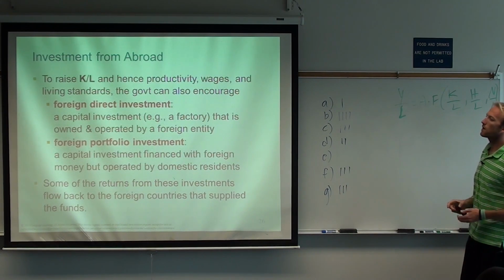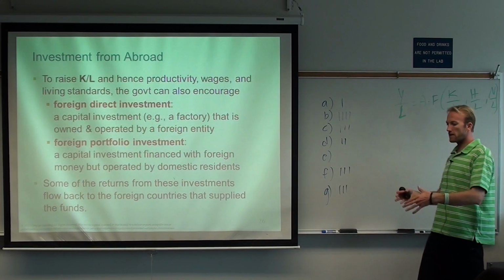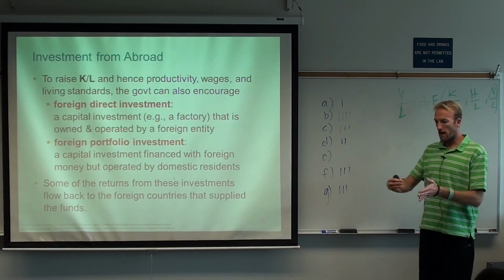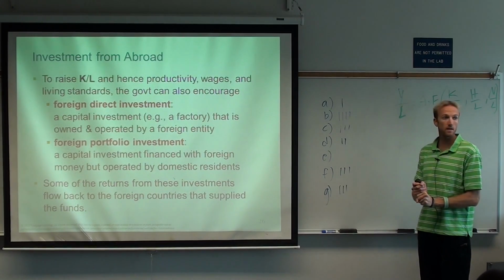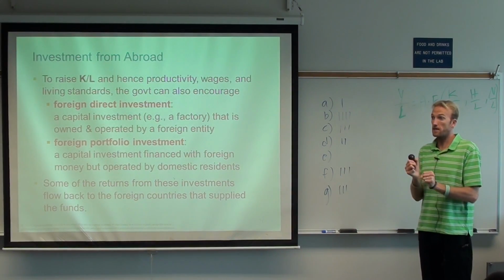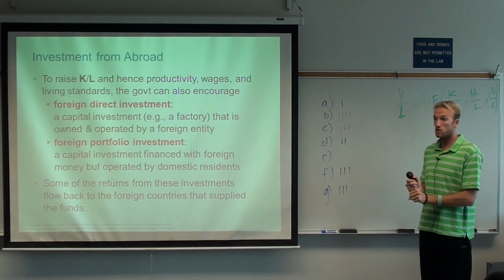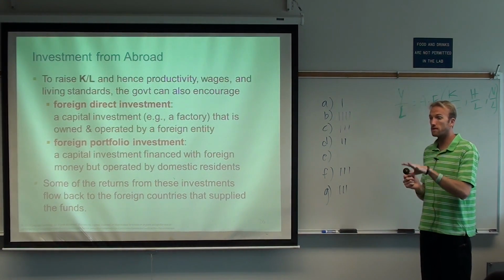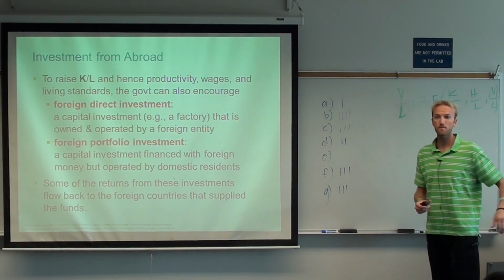Okay, so if the country doesn't have enough funds on its own to save some and reinvest some for investment, using foreign funds is better than doing nothing, for sure, right? While it's true that not all of the benefits will stay in this country, it's better than doing nothing. Okay.